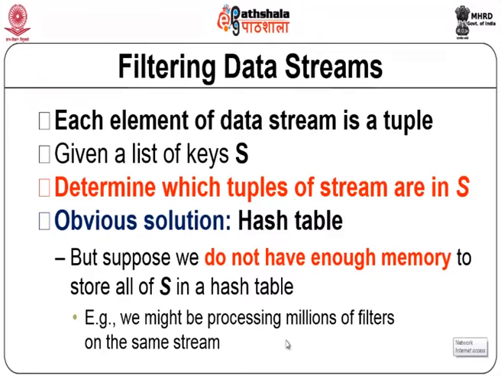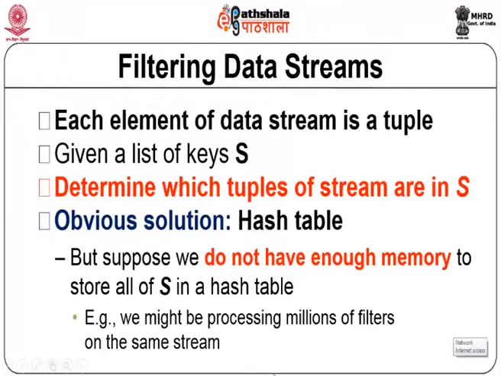When you create a hash table, you index the keys that are part of the set S. Whenever a new element comes into the picture, you give that element to a hash function defined over the key, and if the key is part of the given set, then the new element will be accepted, otherwise it may be ignored.